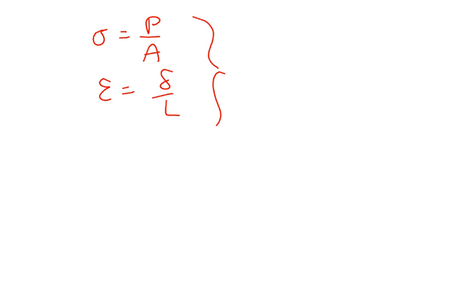We have two definitions, right? Sigma is P over A. Epsilon is delta over L. But now we know that sigma and epsilon are related by Hooke's law. So sigma is equal to E epsilon, right?